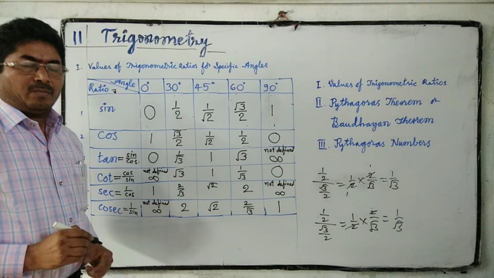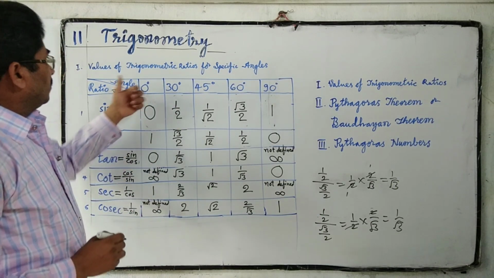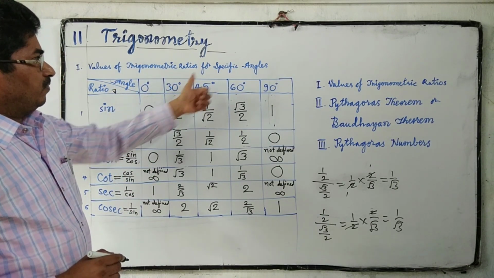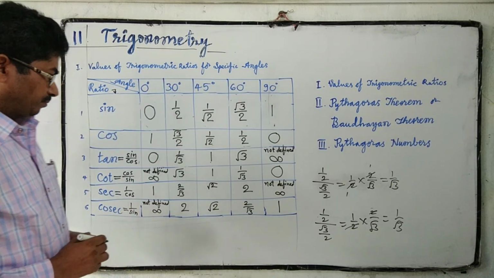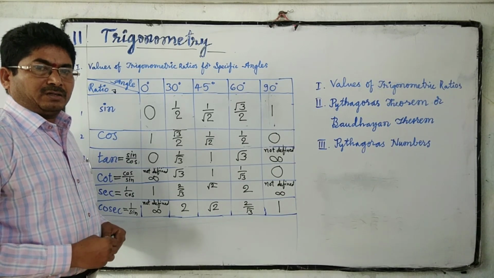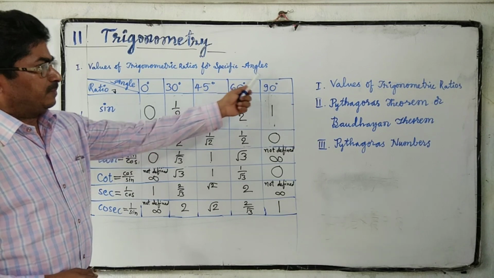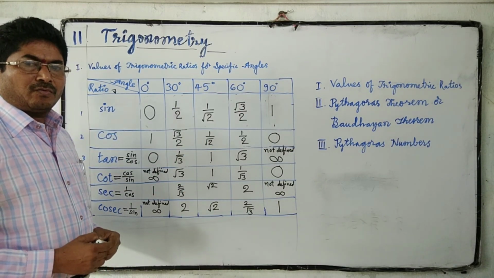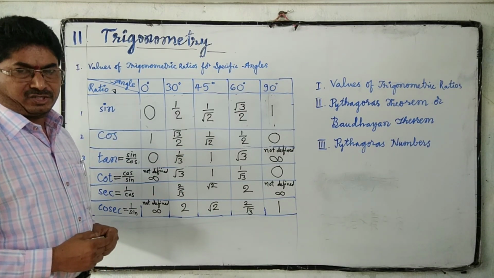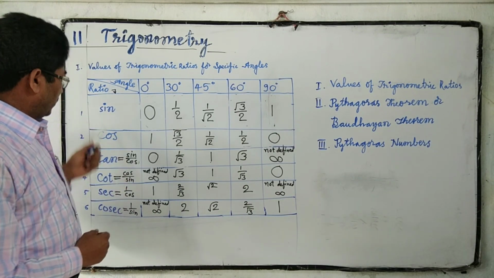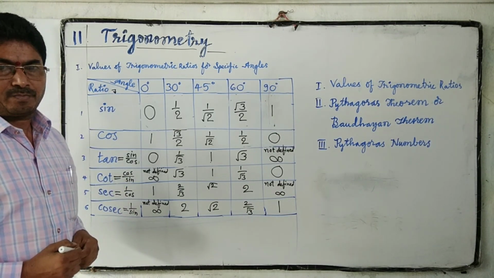So these are trigonometric values for specific angles. If we observe the values of trigonometric ratios for specific angles, we can understand some facts about them.